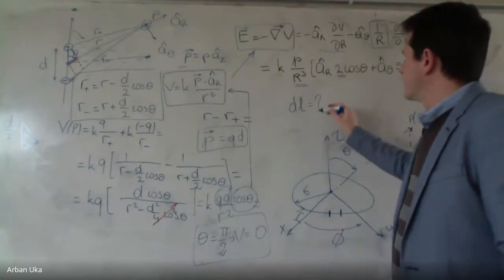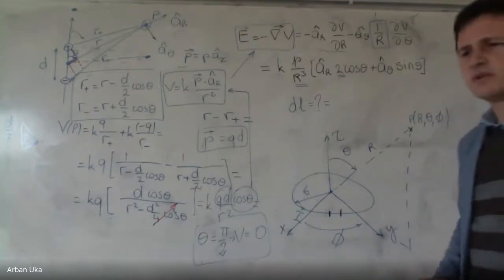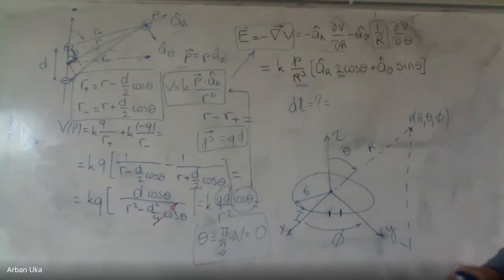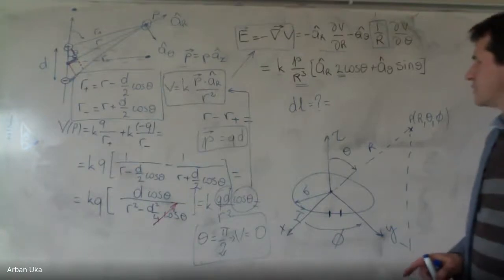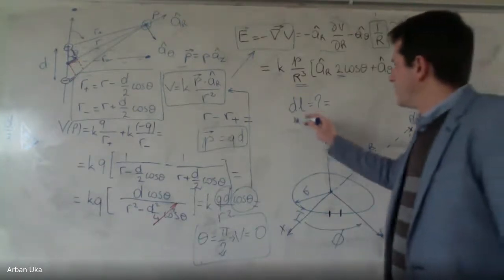The first thing, when we apply the Biot-Savart law, which is a mathematical construct formulated by two French physicists and mathematicians, is that we need to know the dl term and the 1 over R term.